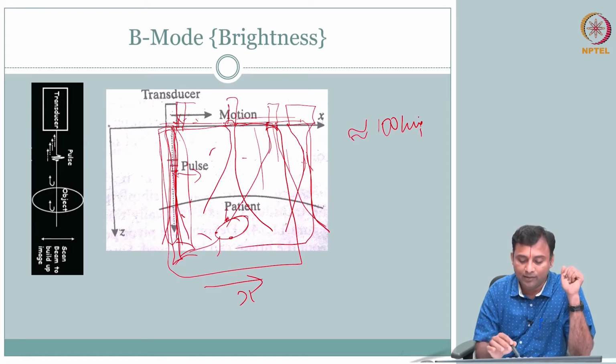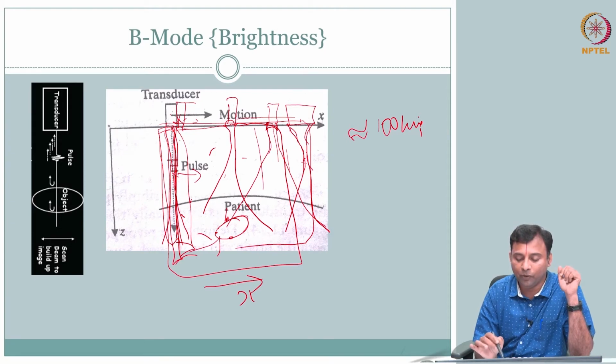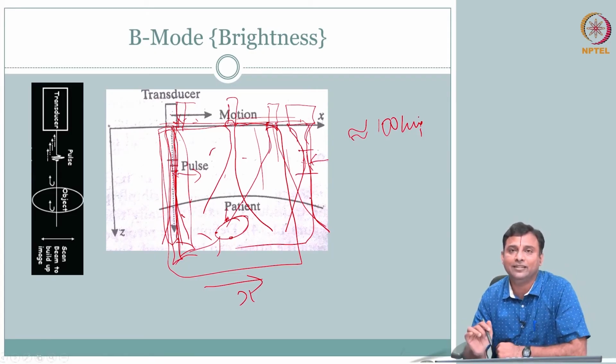And if you do your beam width shaping, you can only do the shaping so long. If you get it narrow, it is narrow only at this location; beyond that, it is going to diverge again. This is the complexity.